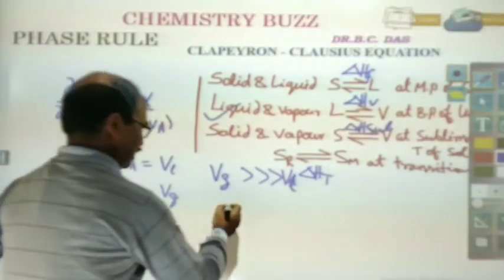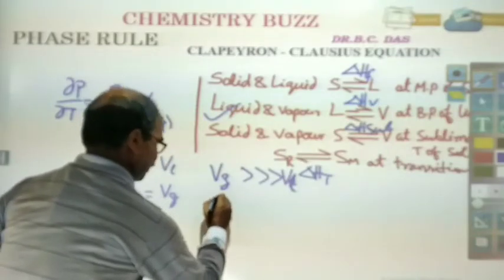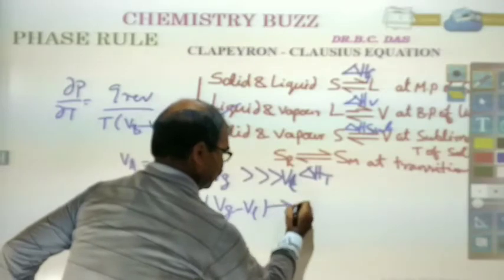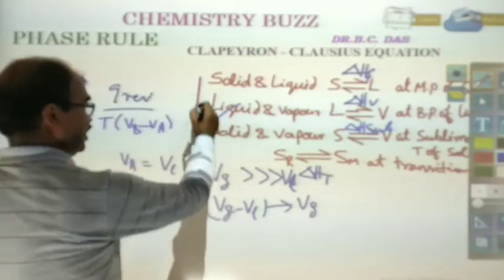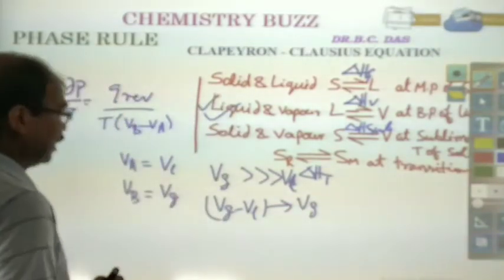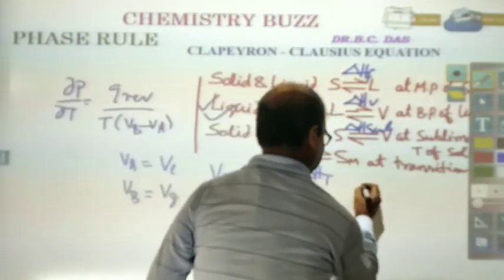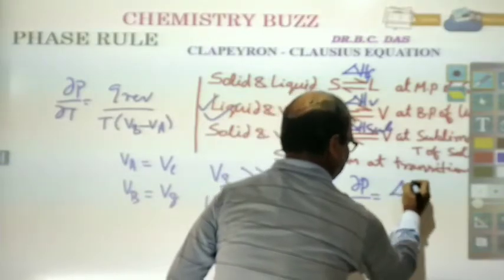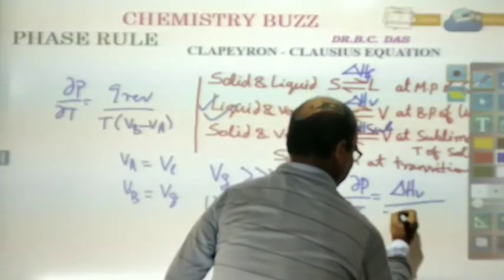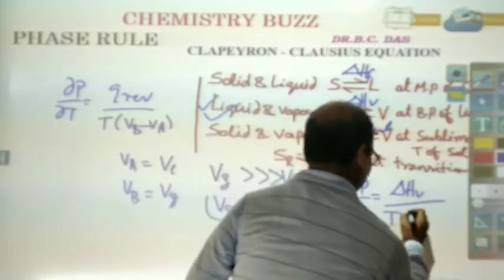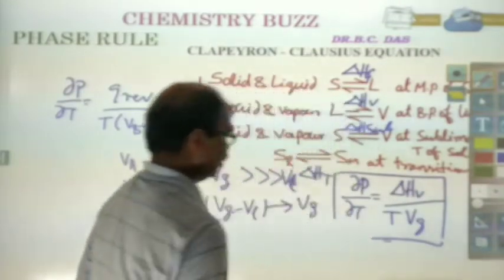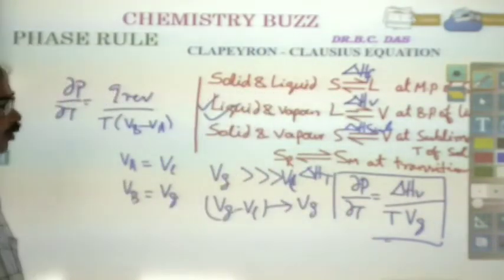So in place of Vg minus VL, we can write Vg. So for this system, we can write the Clapeyron equation, that is dP by dT is equal to delta H V divided by T Vg. Okay. So this is the Clapeyron equation for your liquid vapor equilibrium.